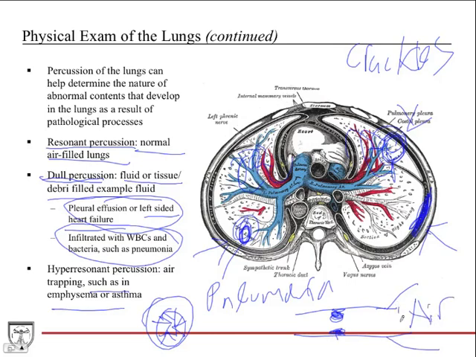So you're going to have an increase in air in certain parts of the lungs, so air trapping, and that occurs in these processes, COPD, asthma, emphysema, so you have hyperresonant percussion. So again, someone comes in, they have trouble breathing air out, they're a long-time smoker, maybe they have emphysema, COPD, you do some percussion, they have hyperresonant percussion. Again, that helps support your diagnosis of COPD.